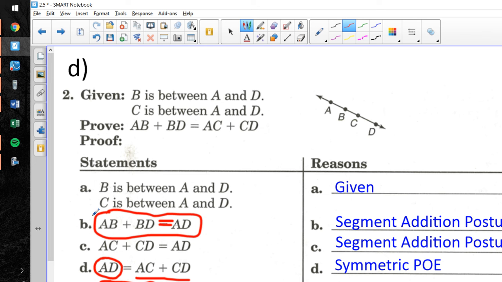They've taken out the AD and replaced it with something that it's equal to. And once again, everybody, what we have right here are two different quantities, AB plus BD and AC plus CD, that were both equal to AD, therefore they must be equal to each other. And that, everybody, is the transitive property of equality yet again.